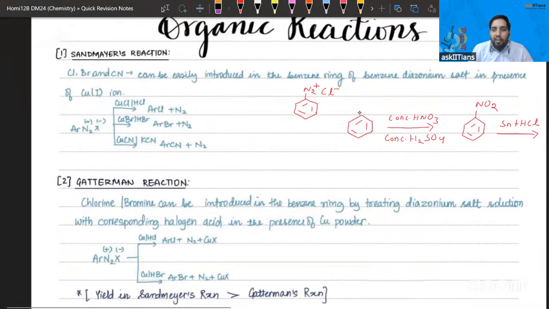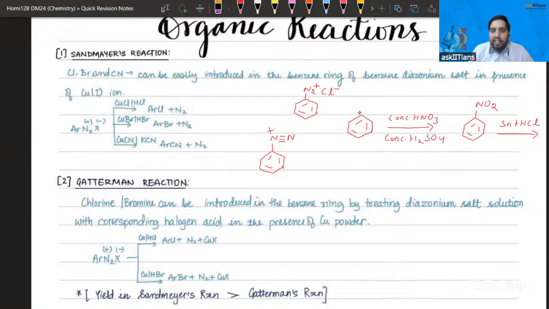Now, if you check the structure of this diazonium salt, here you will find that nitrogen is forming a triple bond with another nitrogen. In neutral state, nitrogen can form 3 bonds, but here we have 4 bonds, due to which there is a positive charge.